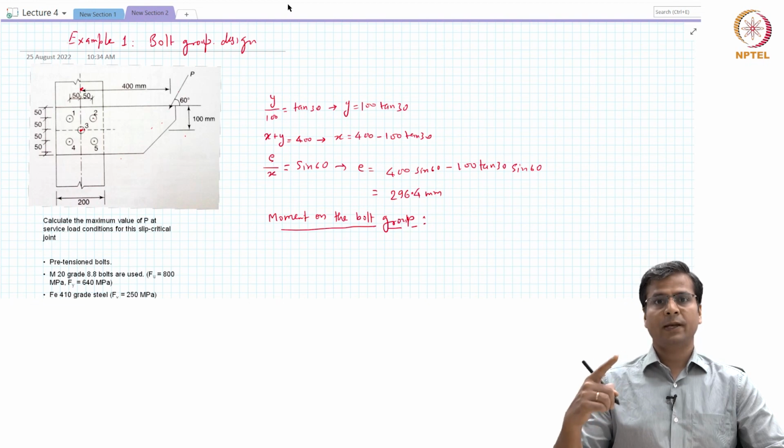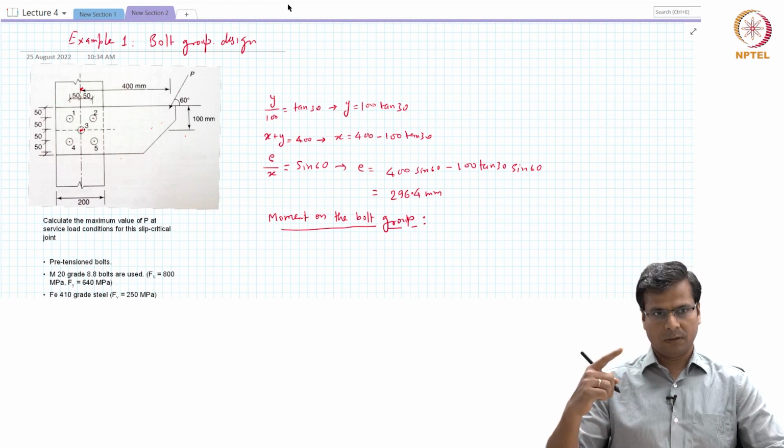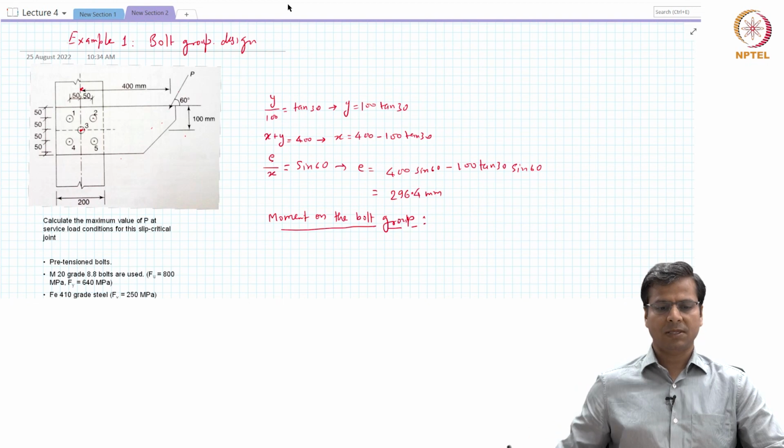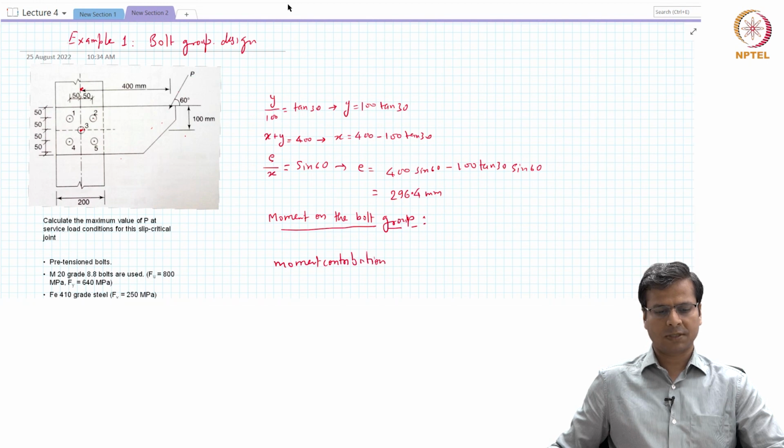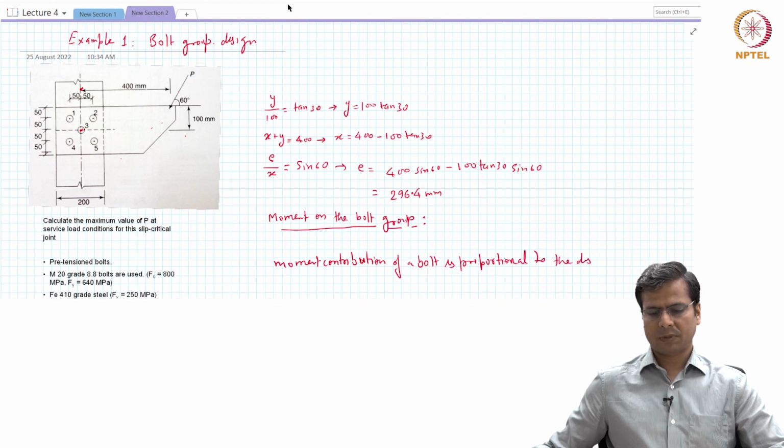Then in addition to that, the moment contribution from that bolt will again be proportional to, in addition to the force, the distance from the centroid, which essentially means that the contribution towards resisting the moment from a bolt is proportional to the distance from the centroid.